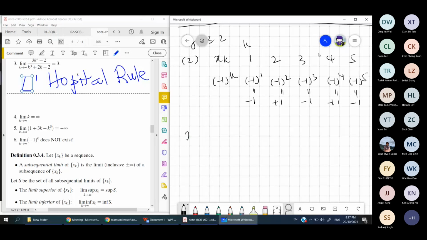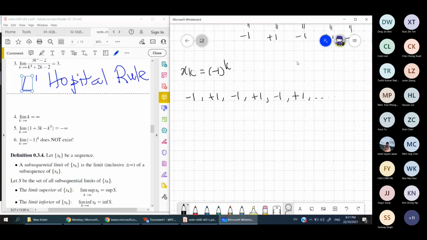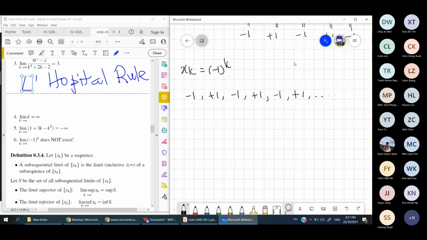For the sequence x_k equal to (-1) power of k, which is actually -1, +1, -1, +1, -1, +1, and so on, you can see it will never go to one particular value. Plotting a graph makes it much easier to see the picture.